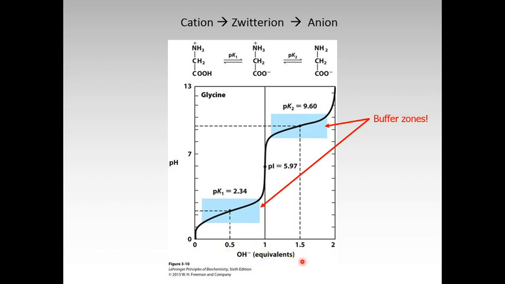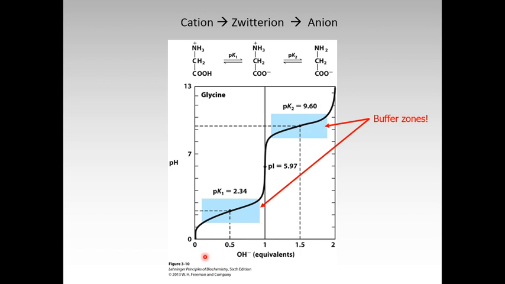The plot has two distinct stages corresponding to deprotonation of two groups. One is a carboxylic group and the other one is the amino group, right? Now, each of the two stages resembles in shape the titration curve of a monoprotic acid, such as acetic acid, if you remember the acetic acid titration curve from Chapter 2.